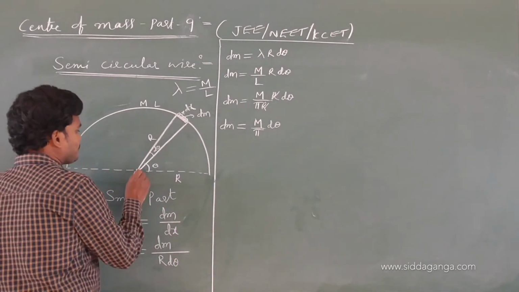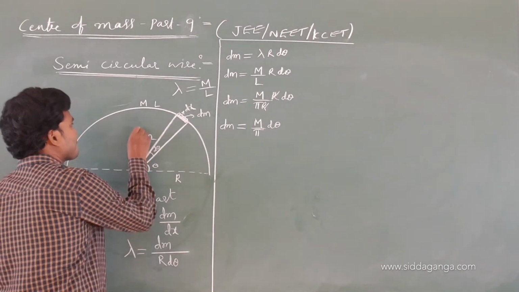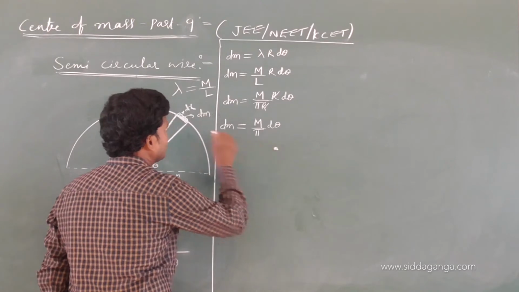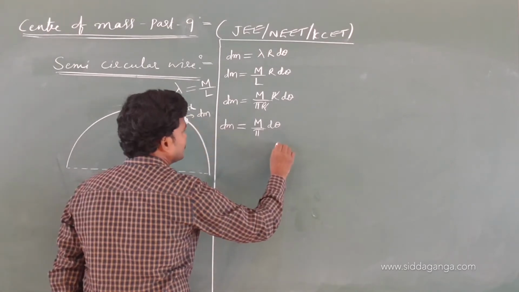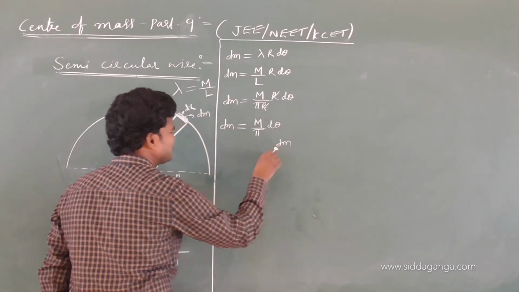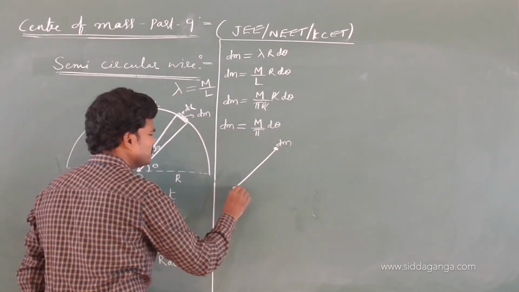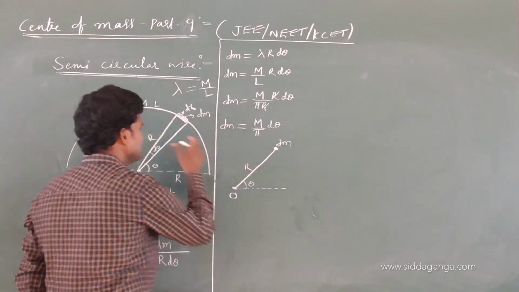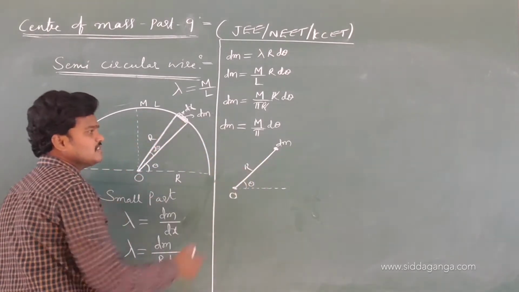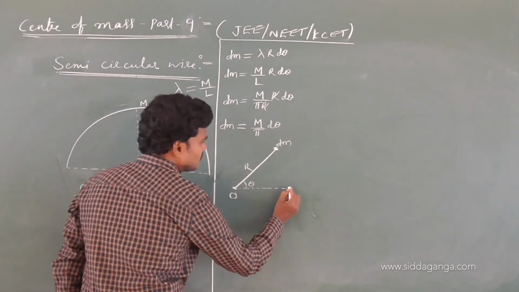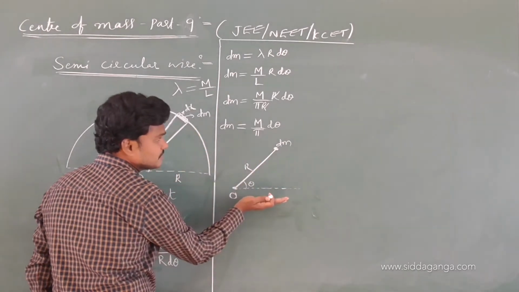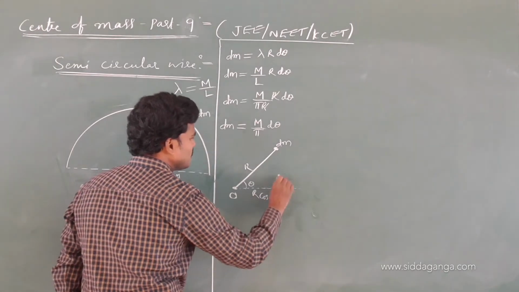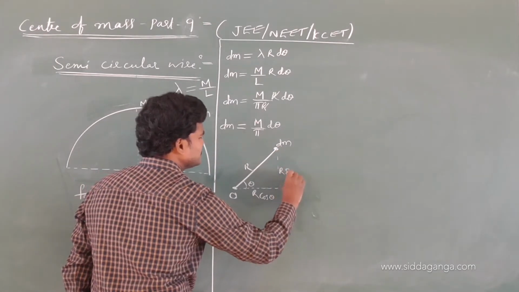Here, take this part. I am taking this part as a mass, so dm. This is O, and this is theta. This is r. This line I drew like this. Resolve this r into two components. What is this component? R cos theta. What is this component? R sin theta.